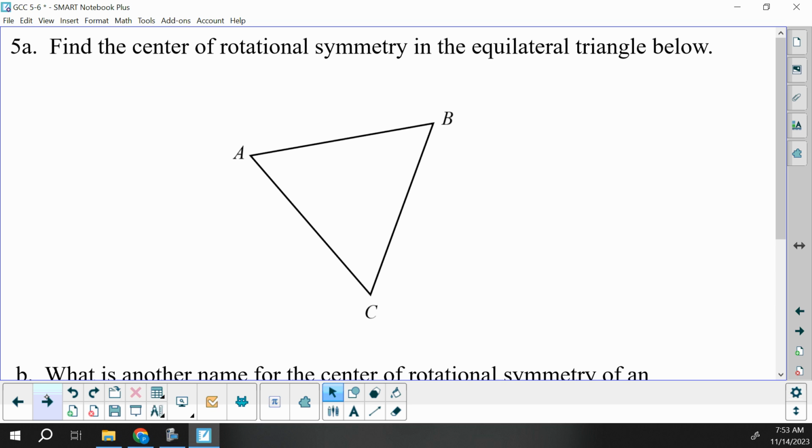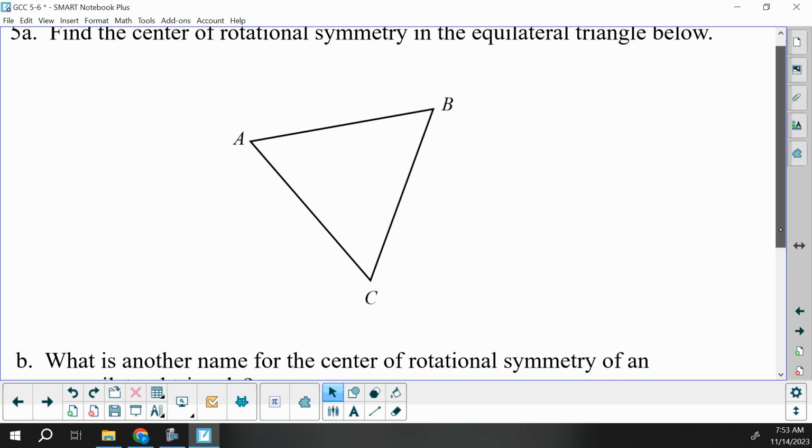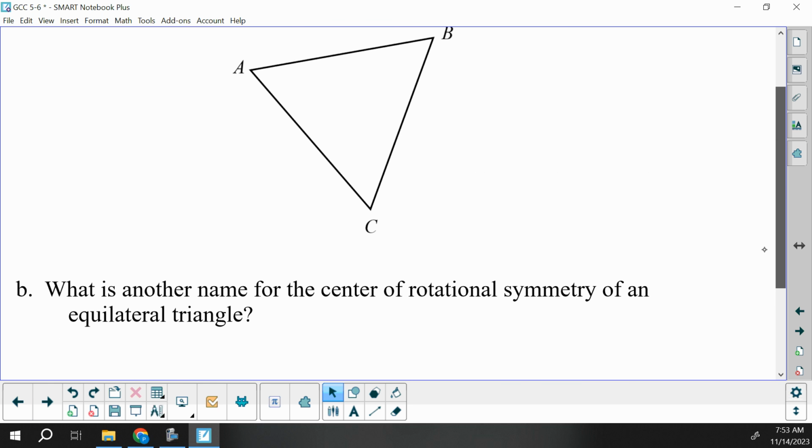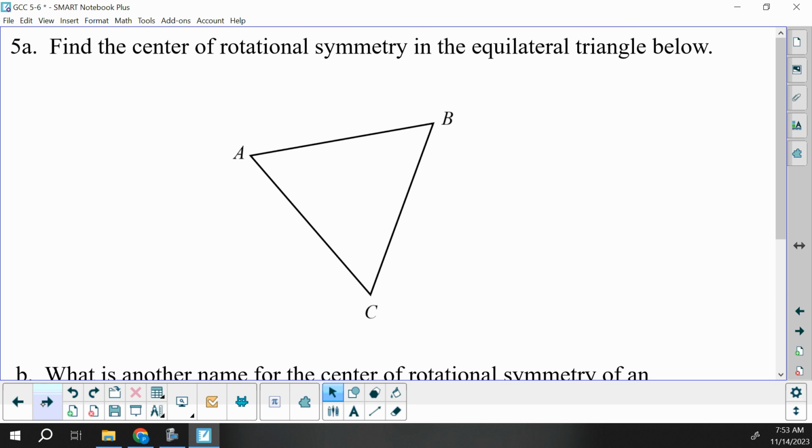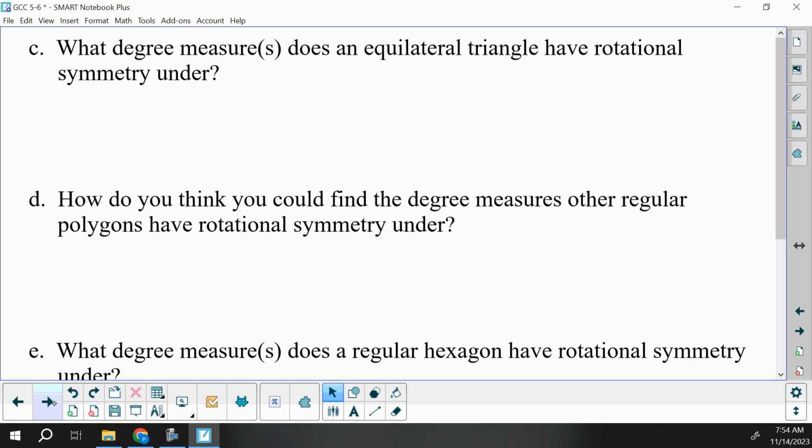All right, if we go over to page 39, we're going to jump down to question C. So we're using the figure up above, which is an equilateral triangle, and we want to know what measure or measures does the equilateral triangle have a rotational symmetry.